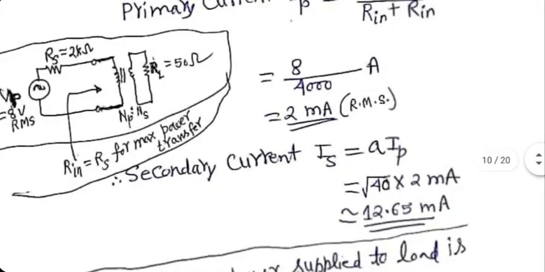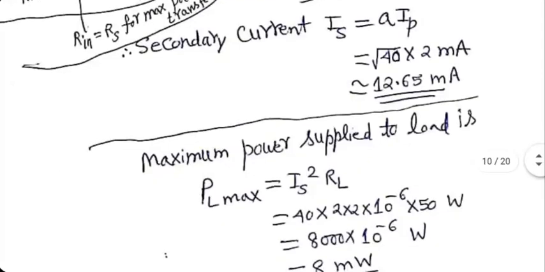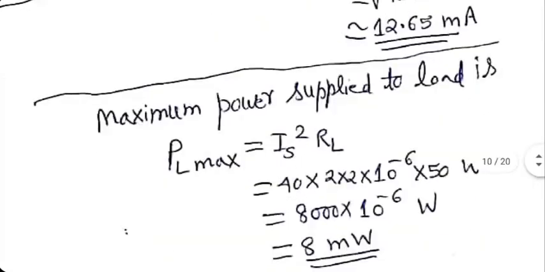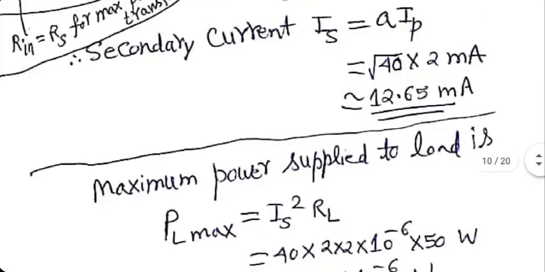Now, load power will be IS square RL. Make sure you are careful about units, IS is in milliamperes. So 12.65 milliampere squared. Actually, I have done something else, but if you take this value directly... What I have done is I have taken square root of 40 multiplied by 2 and squared it. So 40 into 2 into 2, it's milliamperes.